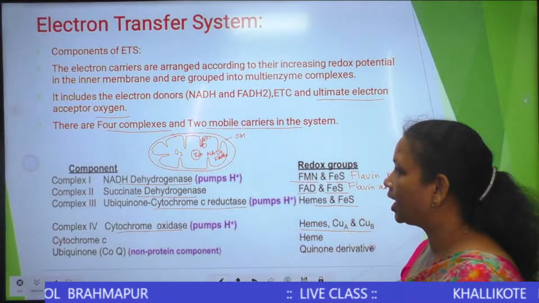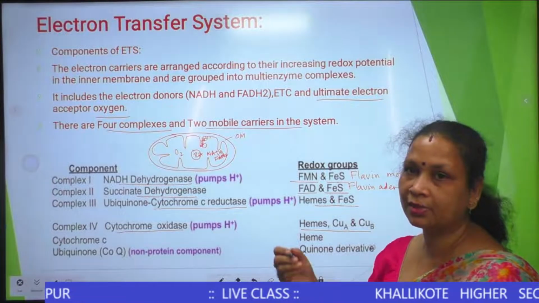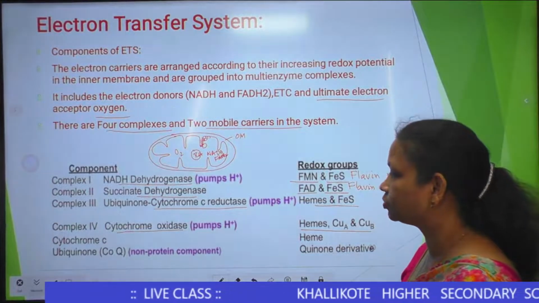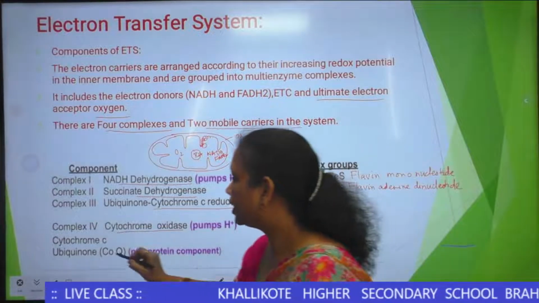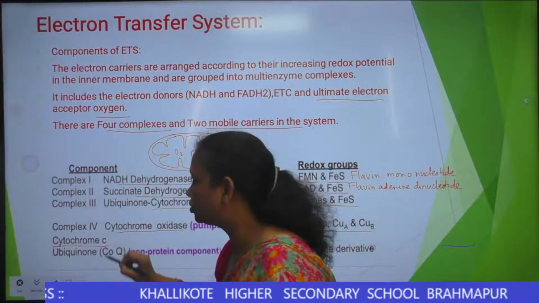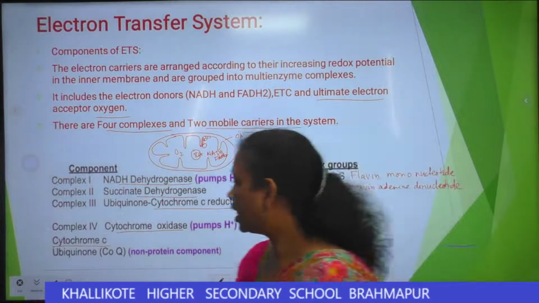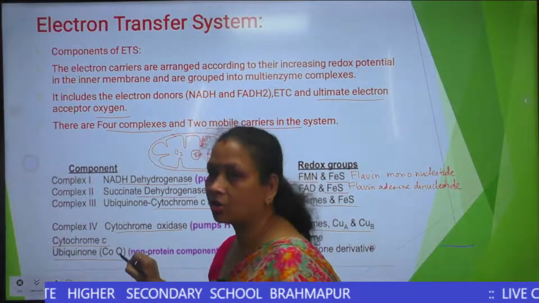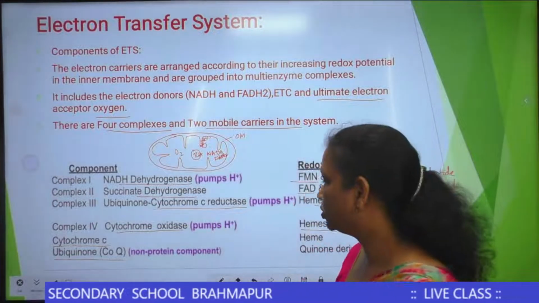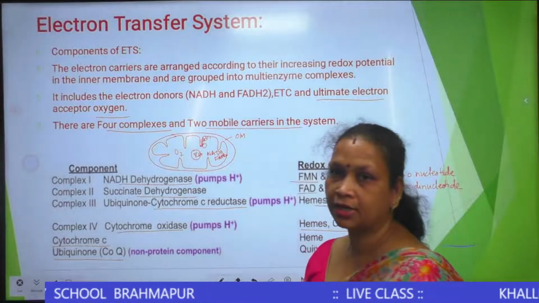There are two mobile carriers that can move in the membrane in the electron transport system. One is cytochrome C, the other is ubiquinone or coenzyme Q, which is the non-protein component present.